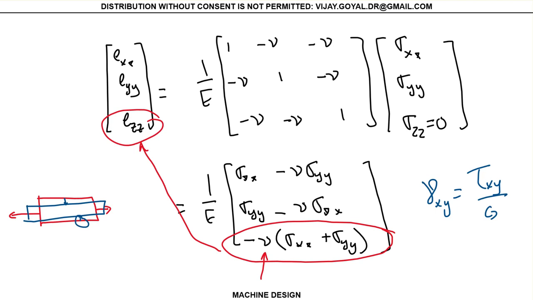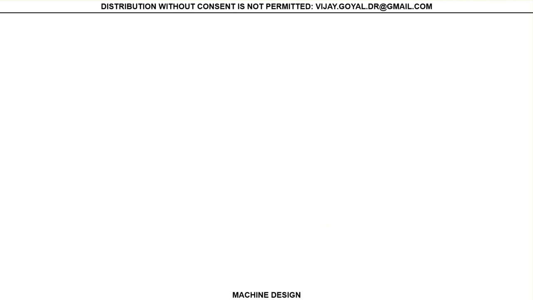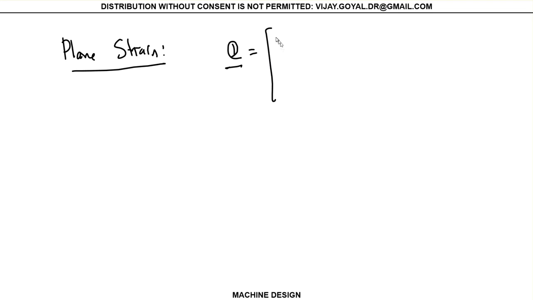Now, the other equation that we have is a little bit different. It is for the case of plane strain. We can derive the equations, but I'm going to keep the derivation out of this. For the sake of this conversation, let's suppose your plane strain is confined to the xy plane.